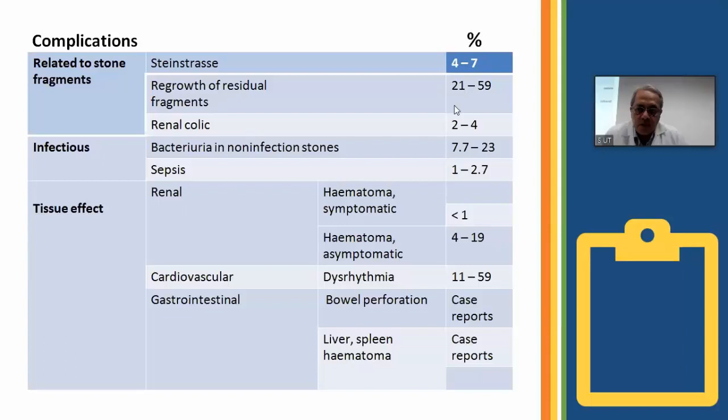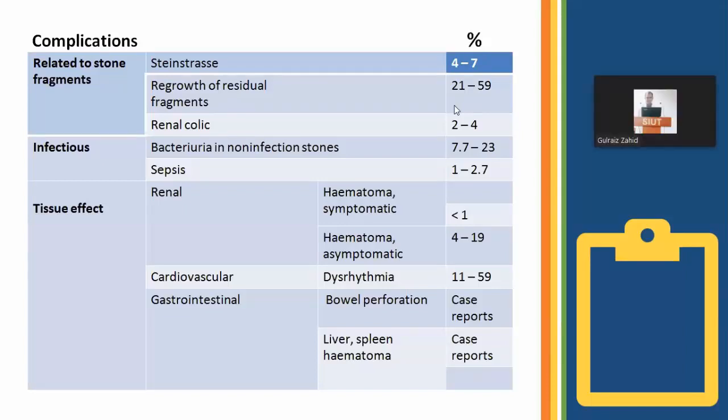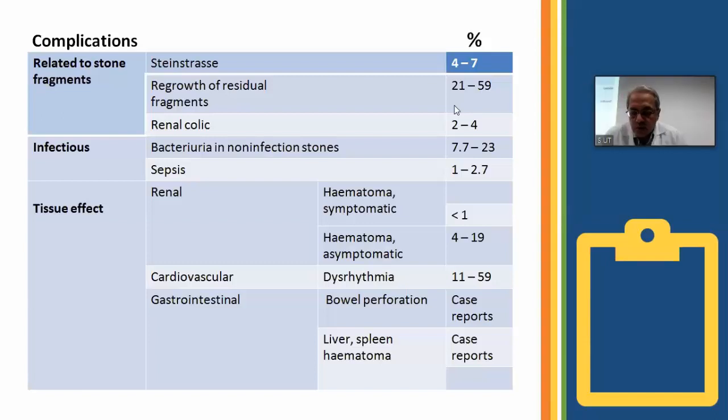Now this word Steinstrasse, this is a German word. So if you go to Germany and you want to go to any place, there has to be a name of that road. Strasse is a street. So if you go to, for instance, Berlin Street, then it is Berlin Strasse.